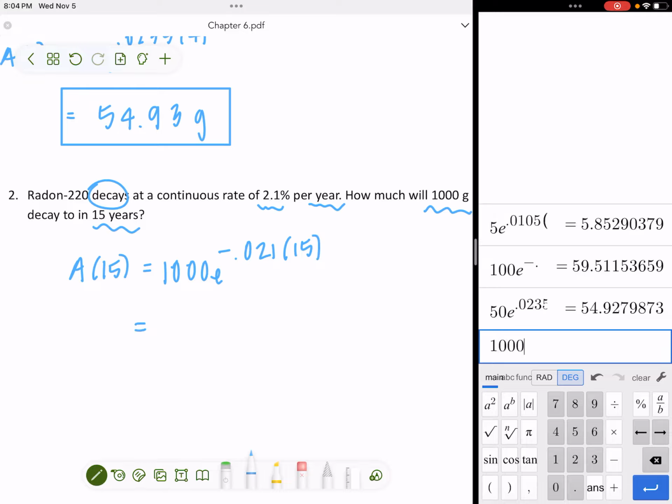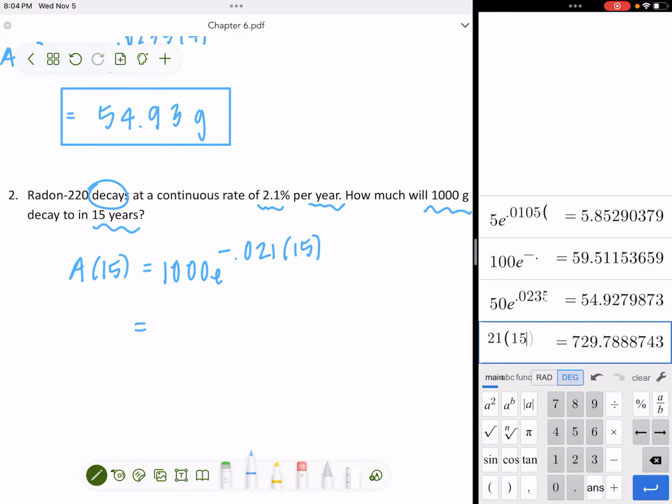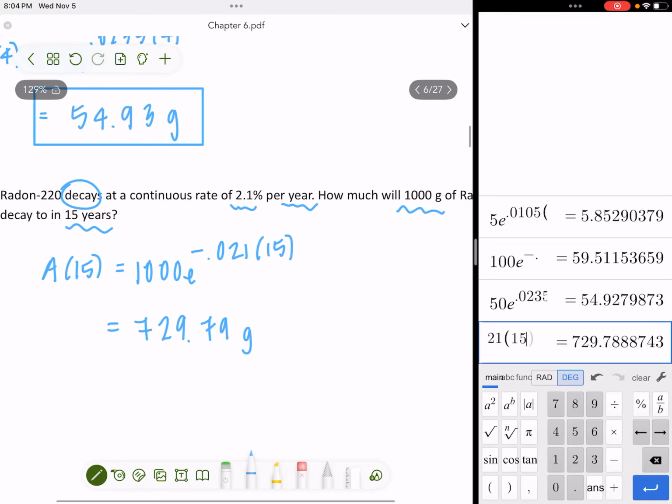Let's plug it in. Negative 0.021 times 15. We're going to have about 729.79 grams remaining.